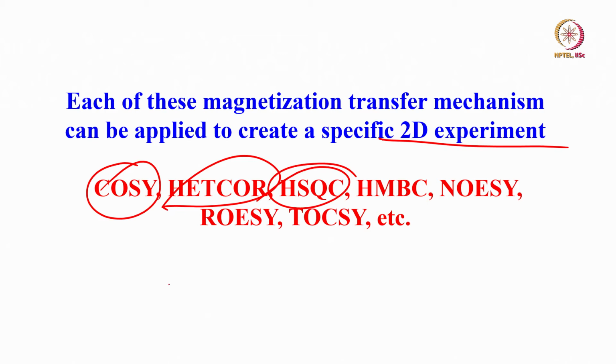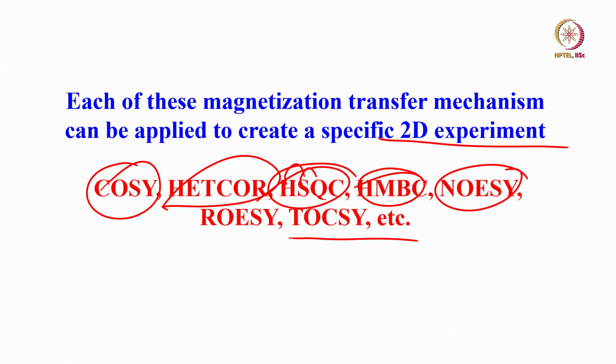HSQC, heteronuclear single quantum coherence, is an inverse experiment. I will discuss inverse experiments, where it is used as single quantum. Then there are HMBC, heteronuclear multiple bond correlation, NOESY, nuclear Overhauser effect spectroscopy, ROESY, TOCSY, all these experiments are designed. In each of them, the way the magnetization transfer takes place is specific to that particular experiment.